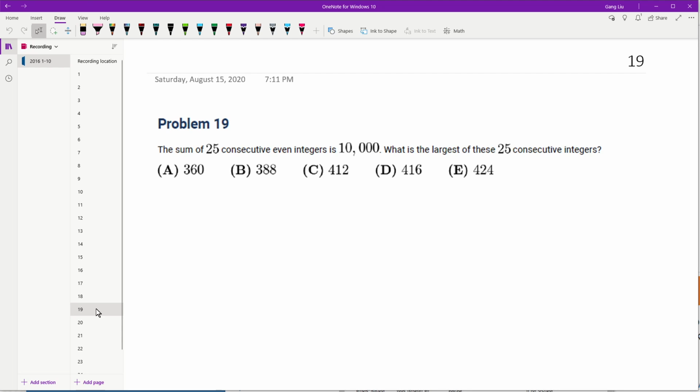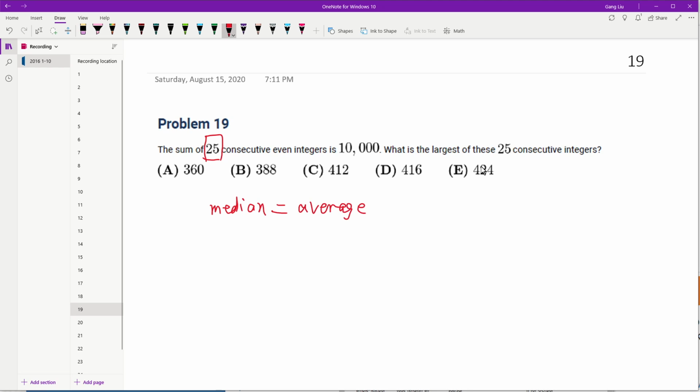Problem 19. The sum of 25 consecutive even integers is 10,000. What is the largest of these 25 consecutive integers? So there are 25 consecutive numbers, an odd count. So the median is equal to the average.